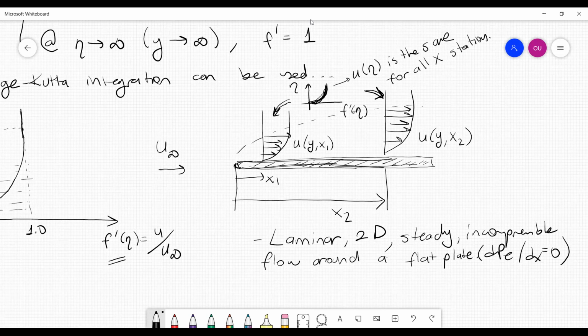So once we have a function for the velocity distribution, we can obtain all these boundary layer parameters. Not only that, we can estimate the drag coefficient from this obtained velocity distribution. And we will actually start seeing that.